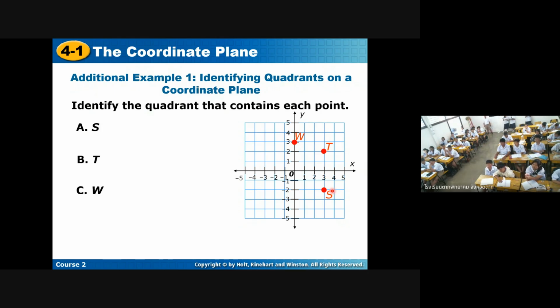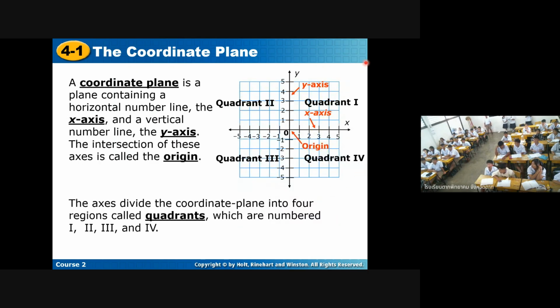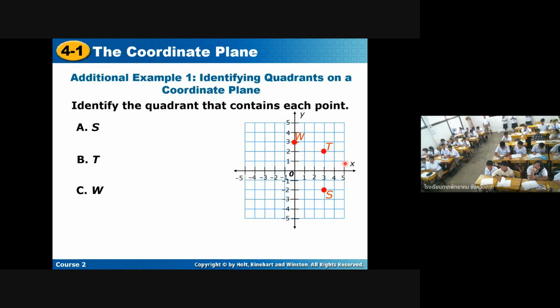I'm asking for the quadrant: quadrant 1, quadrant 2, quadrant 3, quadrant 4. So point S lies in quadrant 4.